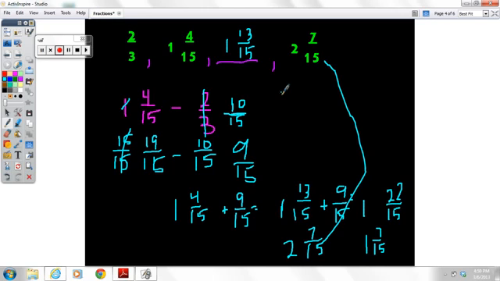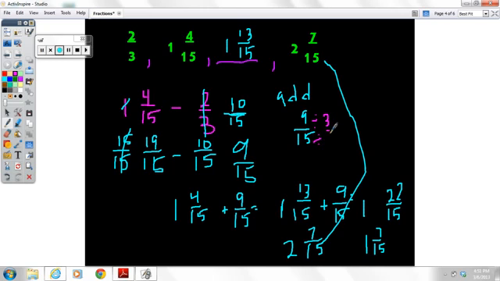Now, you also need to understand what the rule is. The rule would be add 9/15. Now, you have to be very careful, because even though we added 9/15, 9/15 can also be put in simplest form. 9 and 15 have a factor of 3.